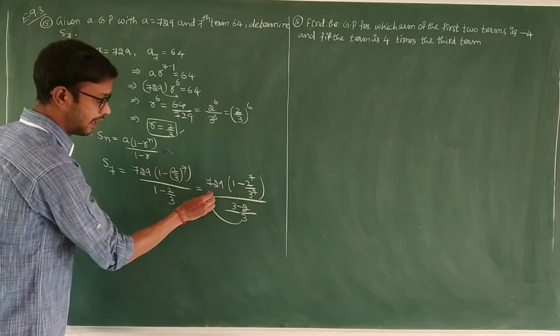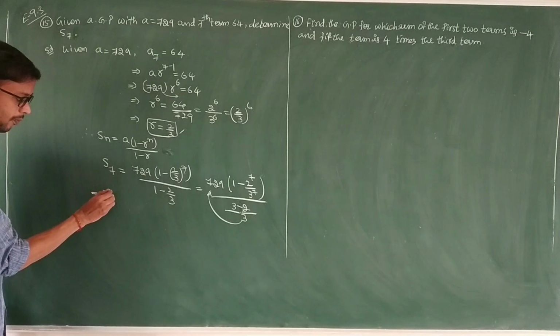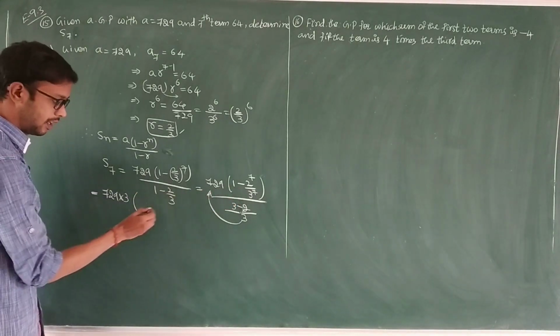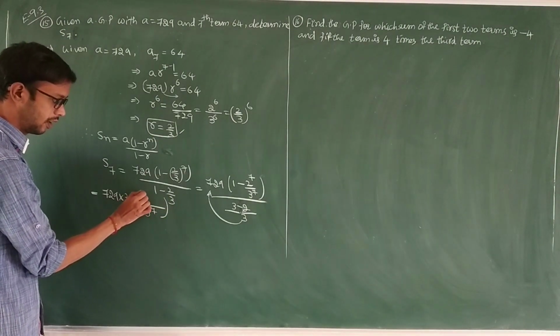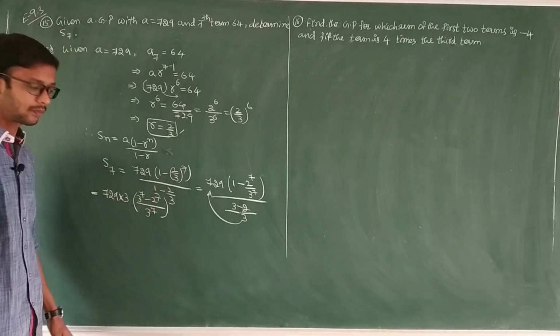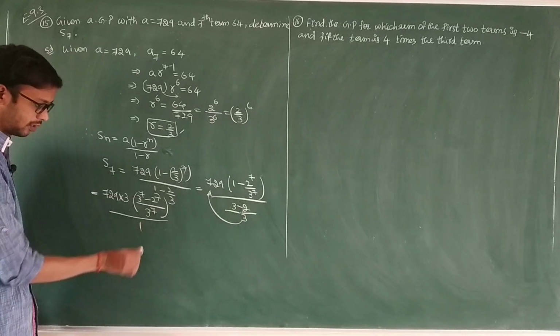If you multiply here, reversing this one, we will get 729 into 3. Take the LCM here: 3 power 7 minus 2 power 7, whole divided by 3 minus 2, which is 1.